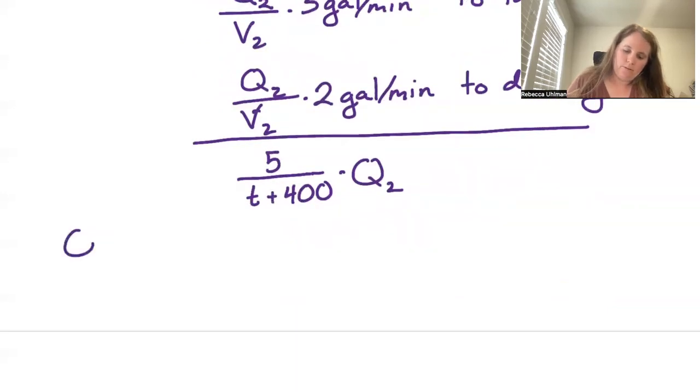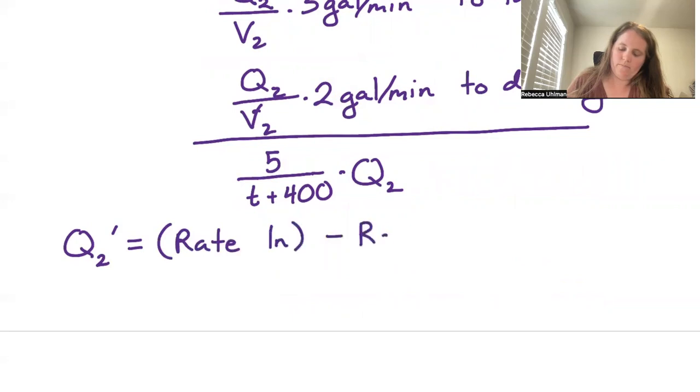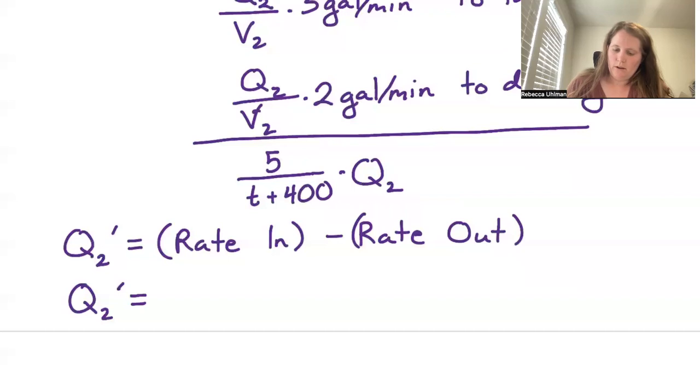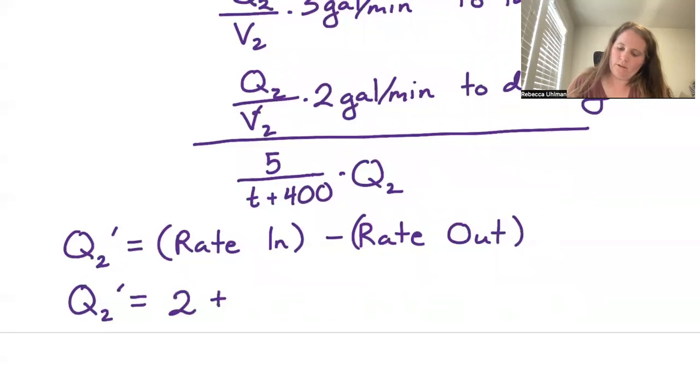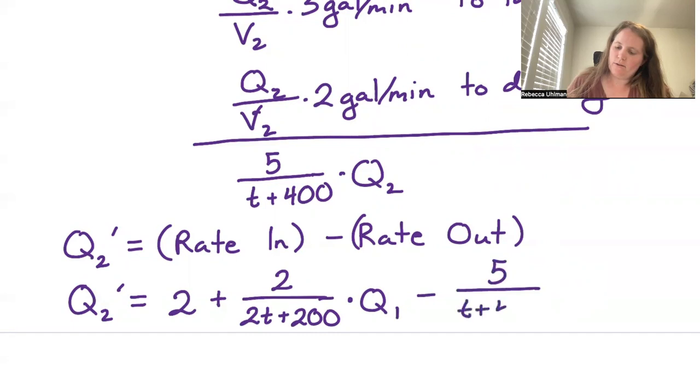So we get that Q2 prime is equal to rate in minus rate out: 2 plus 2 over 2T plus 200 times Q1 minus 5 over T plus 400 times Q2.